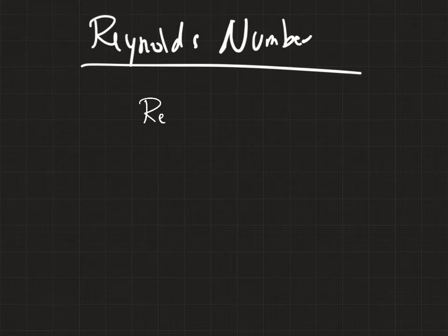So it's named after Reynolds, the Reynolds number, Re, and it equals rho times the velocity times L over mu. Okay, and so what is all this?